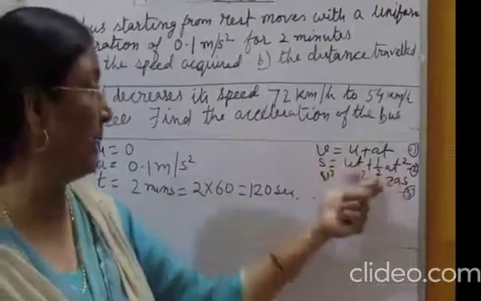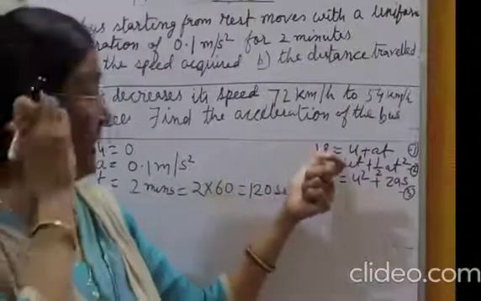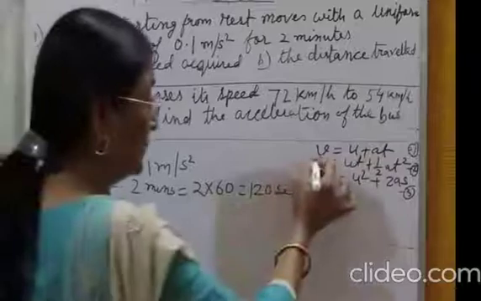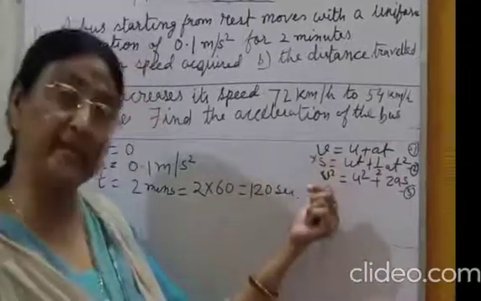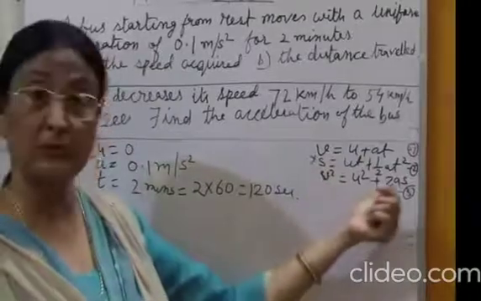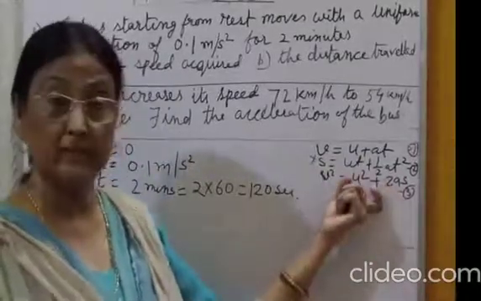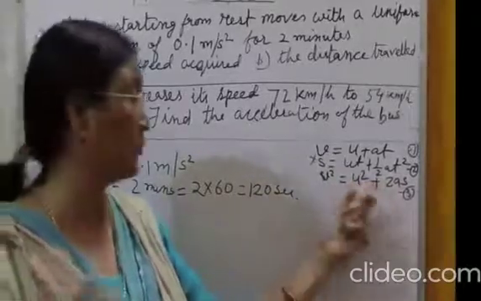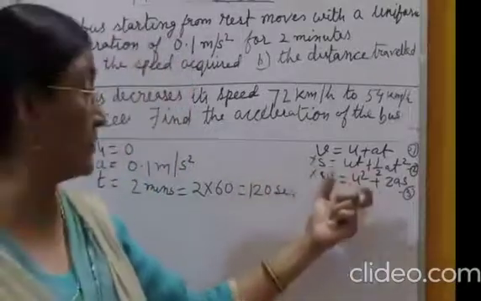Though I know a, I don't know s, and here we don't have the unknown data v. So this is cancelled. Okay. Now here v is there, but s is unknown, and there is no function of t. Do you have any function of t here? No. So this equation also is cancelled. I cannot take these two equations.